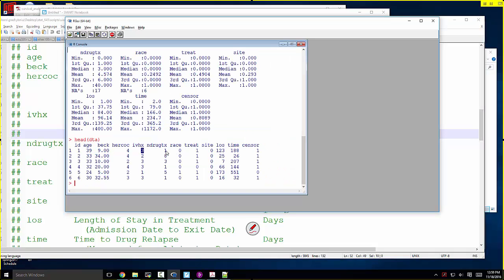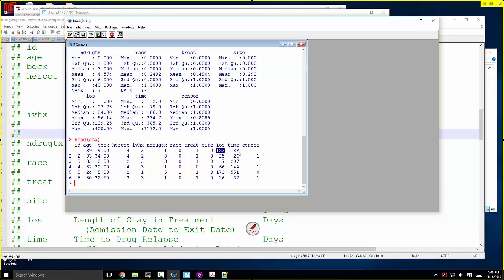Number of previous drug treatments, 1. Race category 0. In the long-term treatment group. And we have length of stay equal to 123. That means they were in the treatment routine for 123 days from baseline.